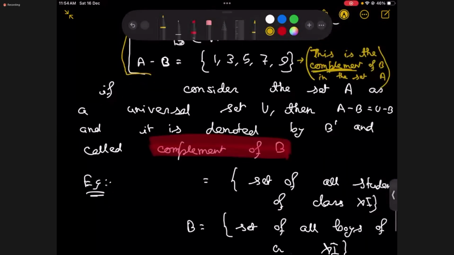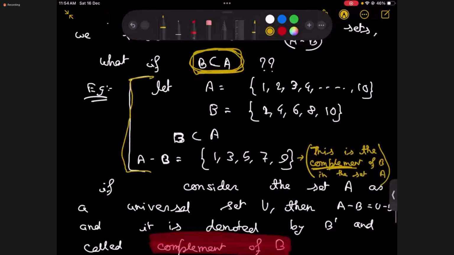And whenever this set A is extended to the universal set, then we call it a complement, because whenever we take the universal set, it must contain all the subsets. So the containment relation will hold automatically.